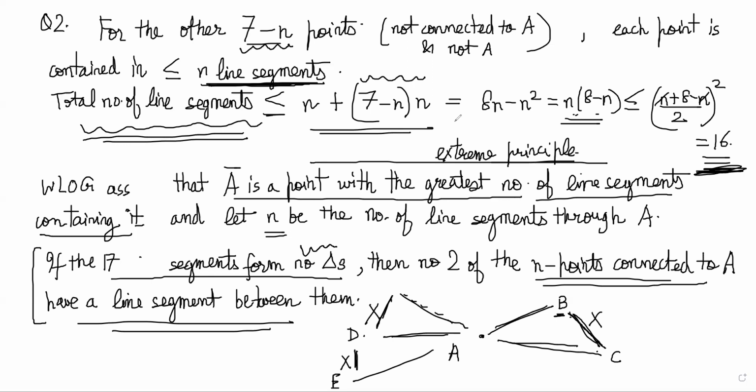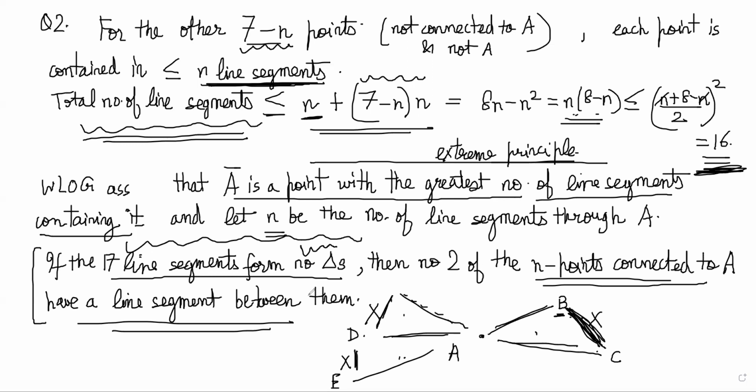So we have a contradiction, which means that our assumption that the 17 line segments form no triangles is wrong. We had assumed that the 17 line segments form no triangles. That's why we were counting the number of line segments here as simply n. Otherwise, it would be more than n, right here, if there were line segments here.